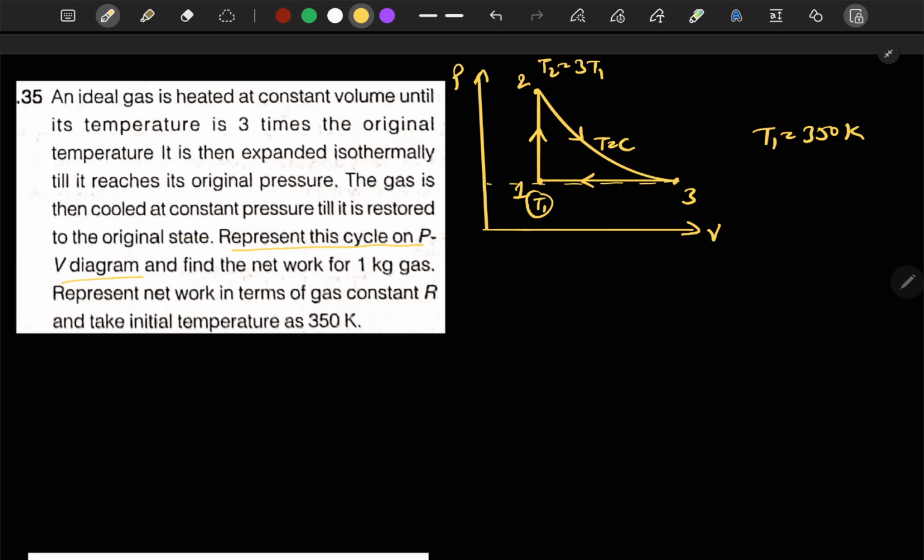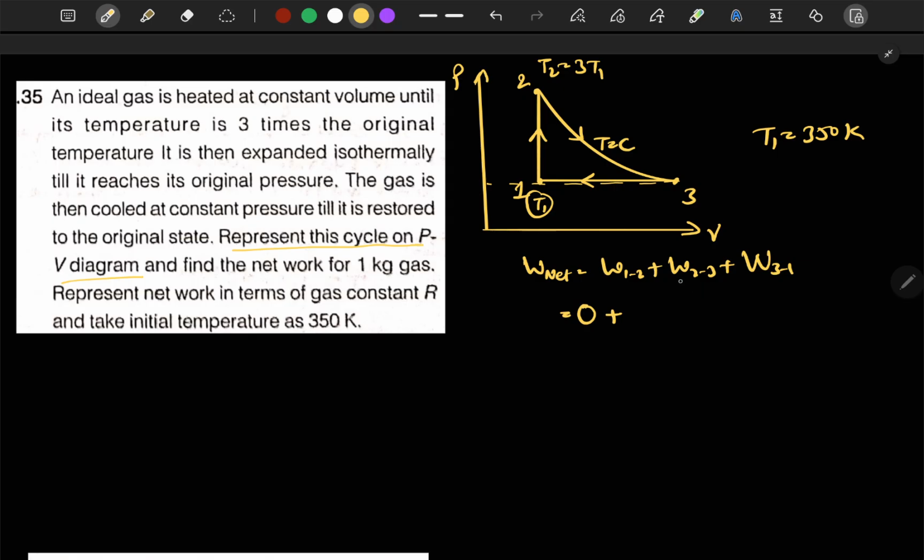Okay, so we have to calculate the net work. Work done net is equal to work done from 1 to 2 plus work done from 2 to 3 plus work done from 3 to 1. Okay, so from 1 to 2, since the process is isochoric or constant volume, we can say total work done is 0.